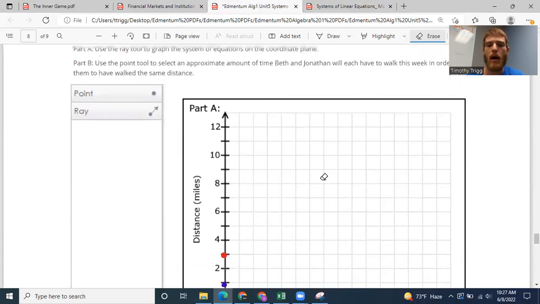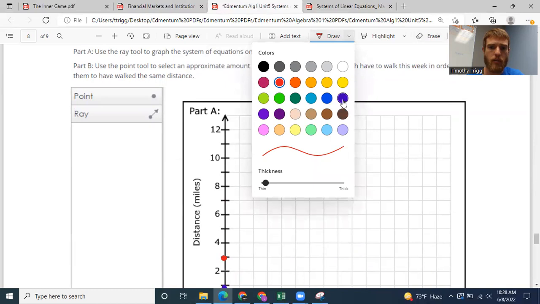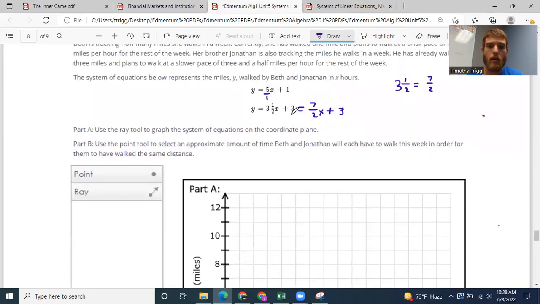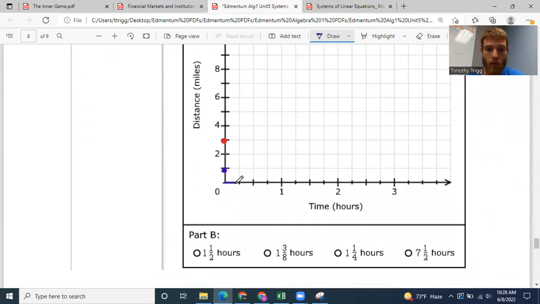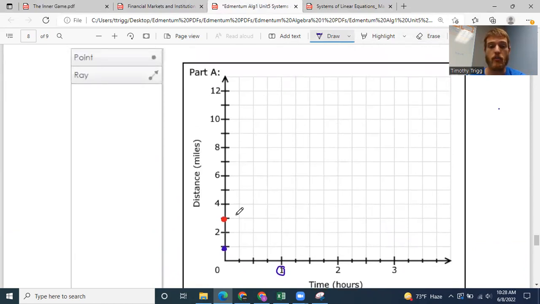So one thing to keep in mind, let's go back and draw Beth's equation first. It's up 5/1, so up 5 miles over 1 hour. Here I only went over 1 like this, but actually 1 is right here. So I should have gone up 5 over all the way to the 1 like this. You really have to pay attention to the scaling on some graphs, and this is one of those scenarios.